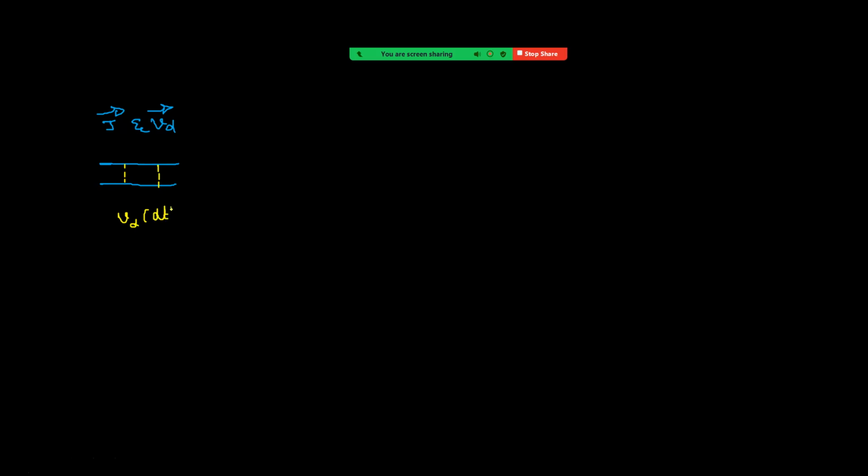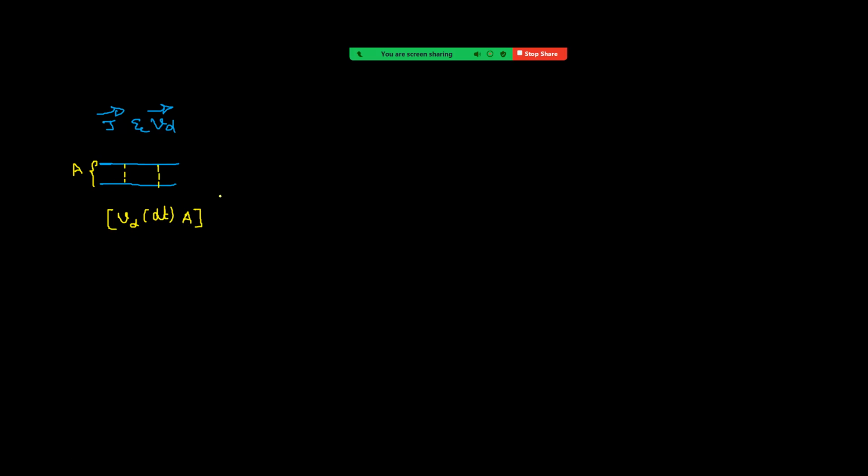It is a small time interval dt. Suppose this cross section area is equal to A, then into area. So this gives us a volume, right? Drift velocity into dt, that is now length, into cross section area.